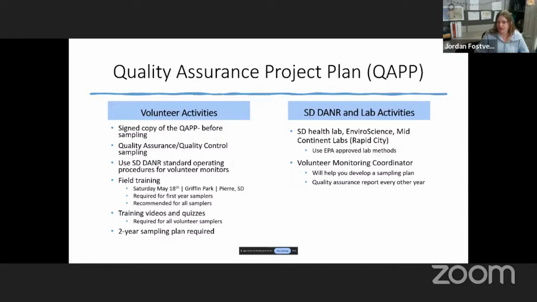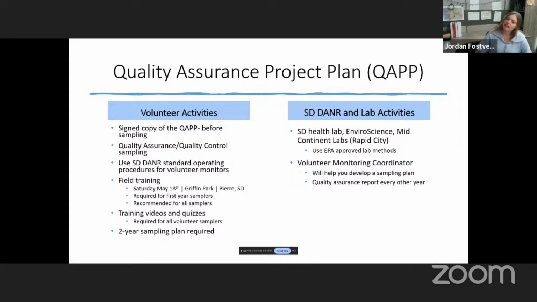It also requires that first-year samplers attend a field training. The field training this year will be Saturday, May 18th in Griffin Park in Pierre, South Dakota. Like I said, required for first-year samplers, but recommended for everybody. It's good to get a refresher. There's also training videos and quizzes that are going to be required for all volunteer samplers. And then developing a 2-year sampling plan is required as well.